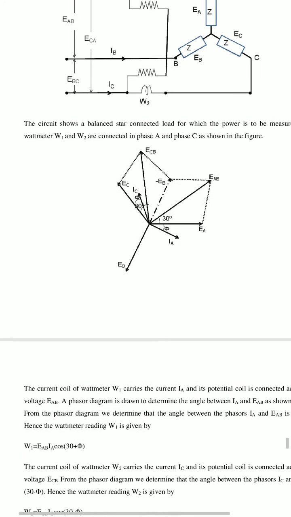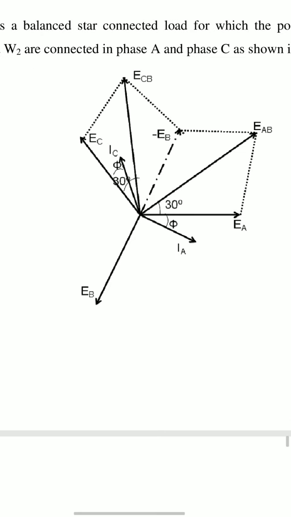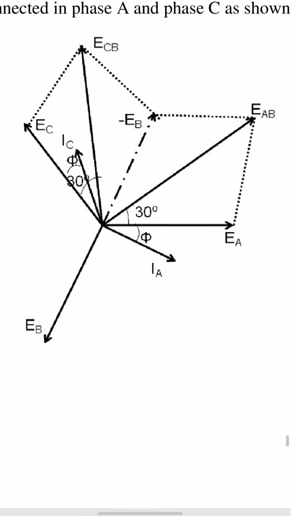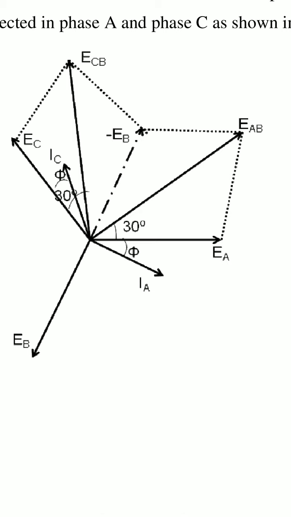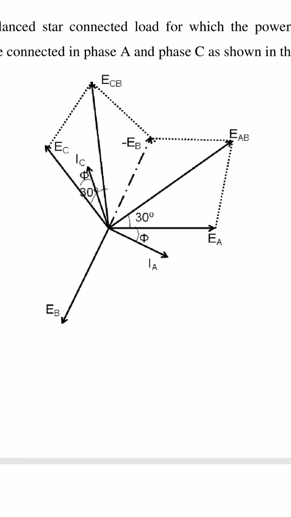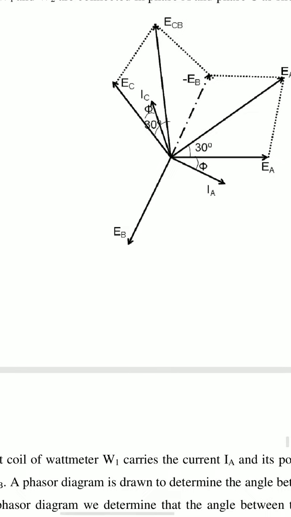Here see the phasor diagram. EA, EB and EC. The resultant of EA and minus EB, and the resultant of EC and minus EB, will give ECB. EA and minus EB will give EAB. Here this is the resultant current.